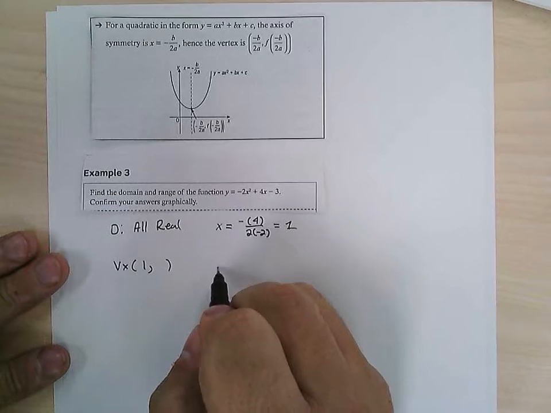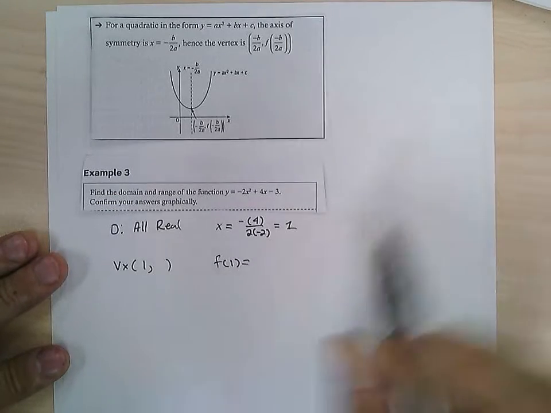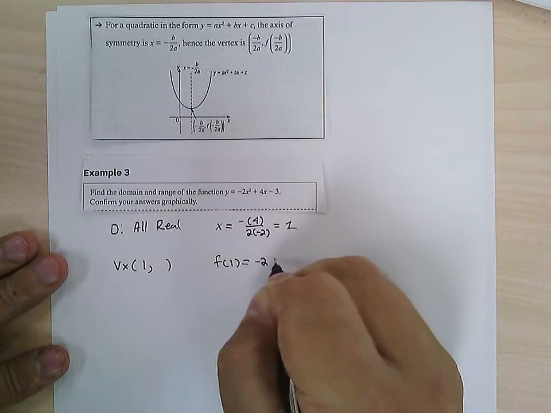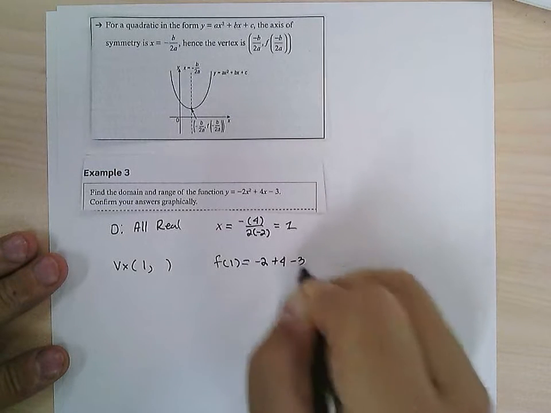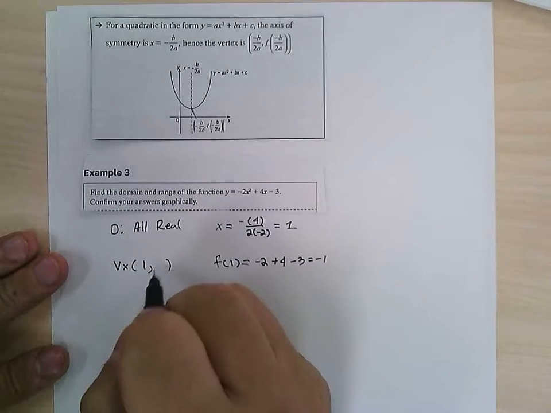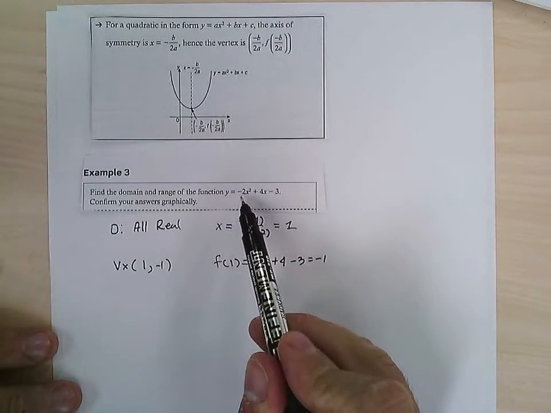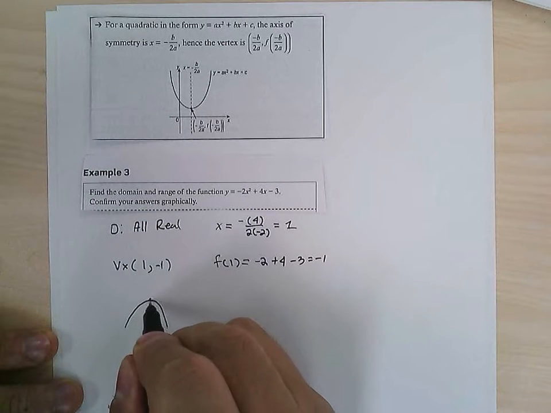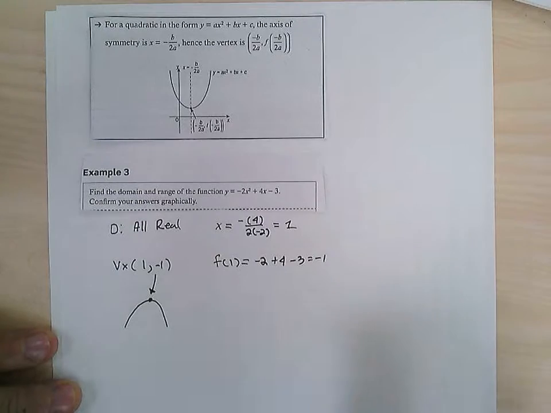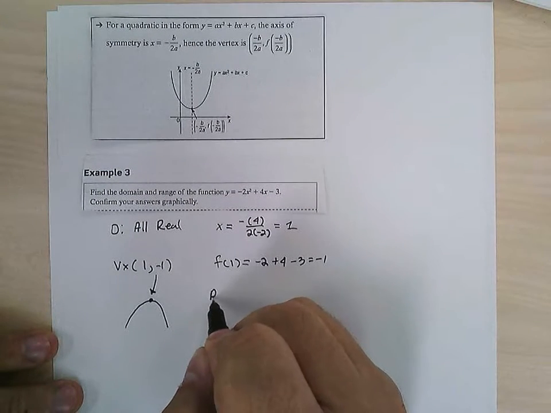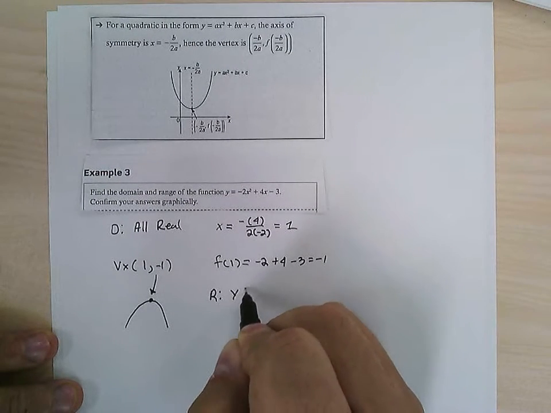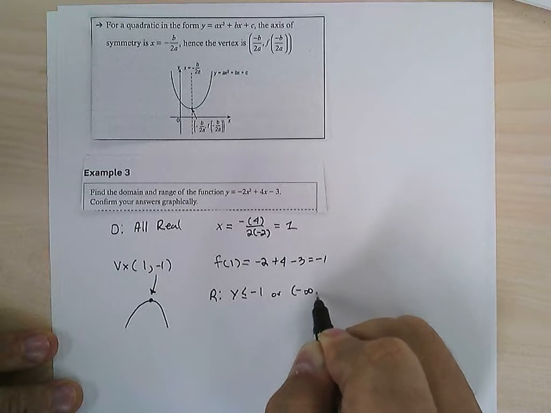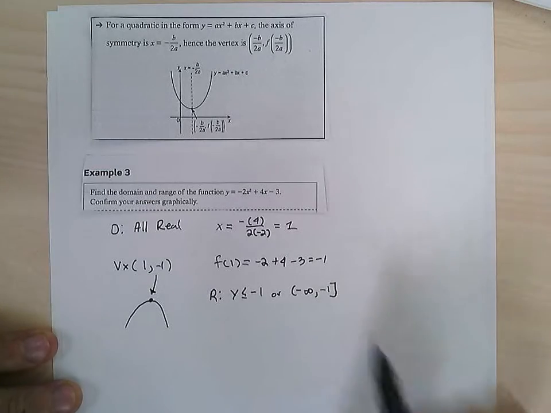So I'll do f of 1, plug it into the function, and I know I'm going to have negative 2 plus 4 minus 3, which is equal to negative 1. Since the a value is negative, I know that it opens down and comes up to this vertex point right there. So my range is y is less than or equal to negative 1, or I can write it as negative infinity to negative 1.